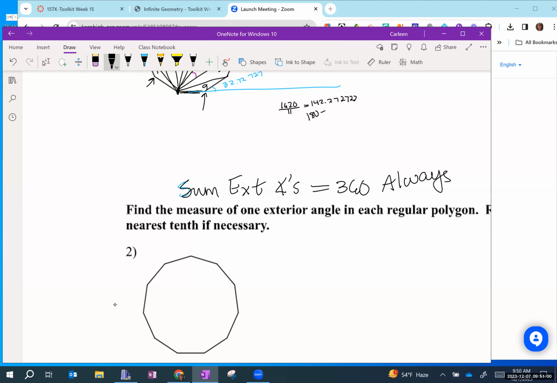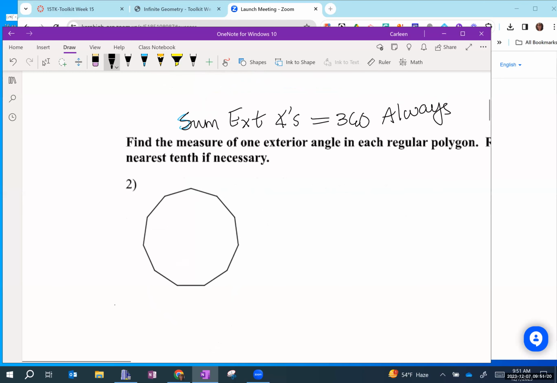The sum of the exterior angles equals 360. That was my whole point. It was a little messy, but does that make sense? Whether it is 3-sided, 4-sided, or 11-sided, the sum of the exterior angles is 360. We need to move on because we're now on number 2.